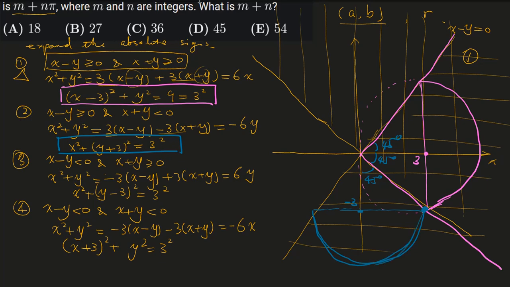Good. And by symmetry, we can draw the other two parts easily, right? So I'll just draw them quickly. I'll still use the original color. So here is 3, and this is the diameter. And the circle in this part is like this. And this is -3. And we can draw a diameter like this.